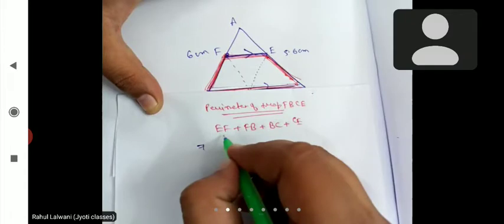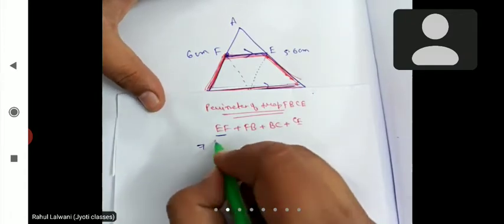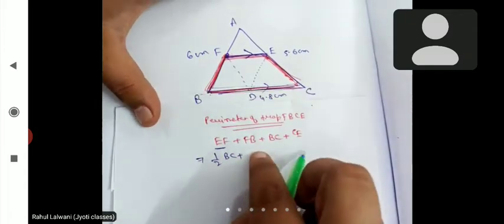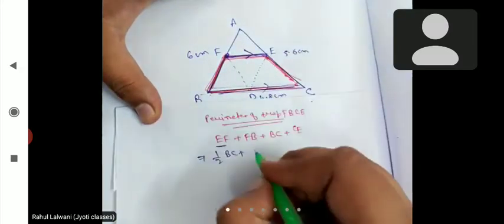EF is equal to half of BC. FB is half of AB.